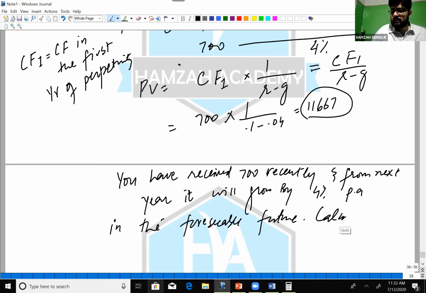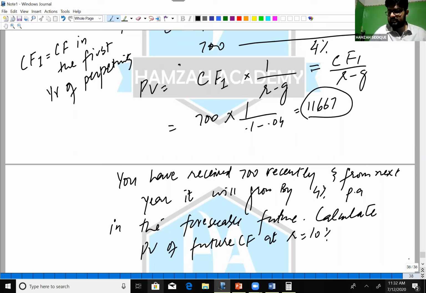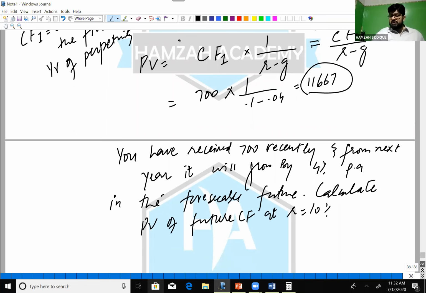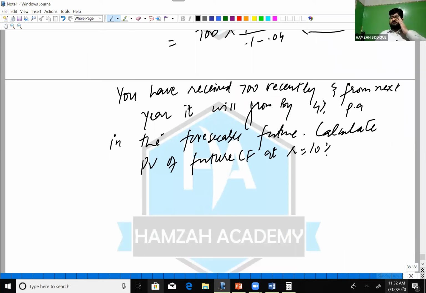Calculate the present value of future cash flows at R is equal to 10%. Now, you see the difference between the two statements. We have received recently; calculate present value of future cash flows.